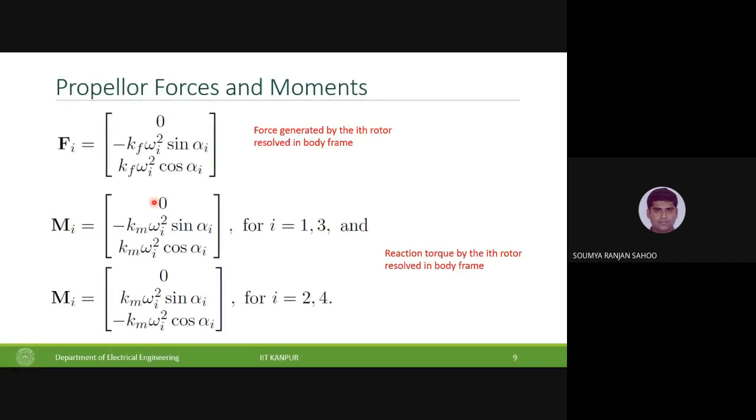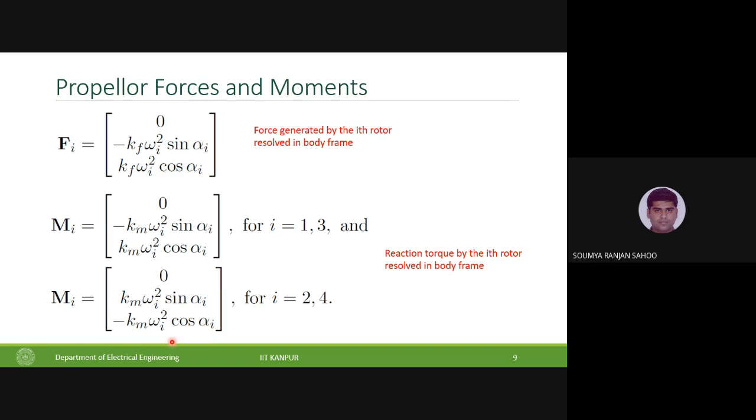If a propeller is rotating clockwise, then you will have a drag force acting on the propeller in the anti-clockwise direction, which essentially provides the torque. This is basically a reaction torque that comes because of the rotation of the propellers. Now, because the propeller plane, or the rotor plane, has tilted, not only do the forces get resolved, but also this drag force, which results in this torque, gets resolved.